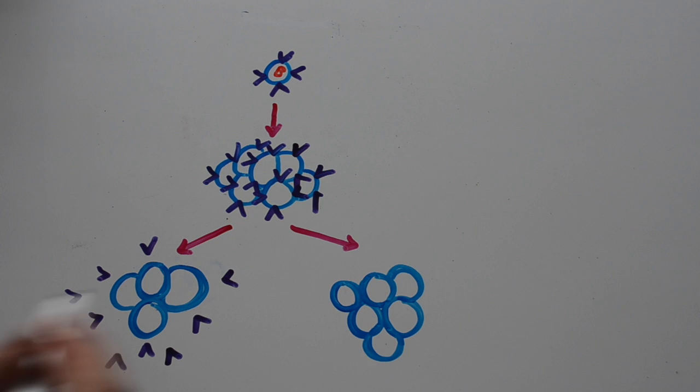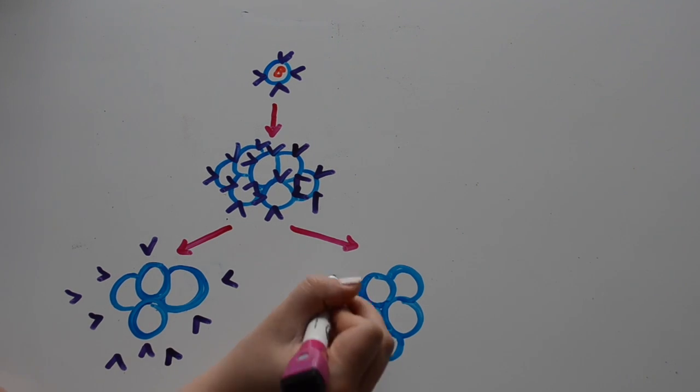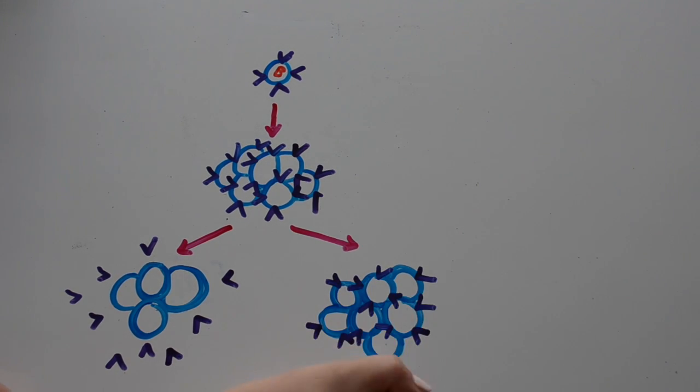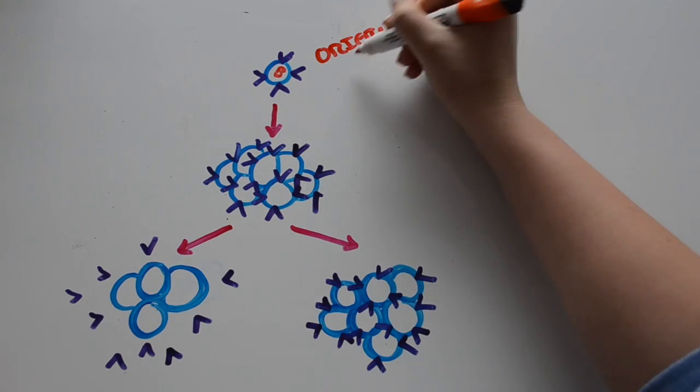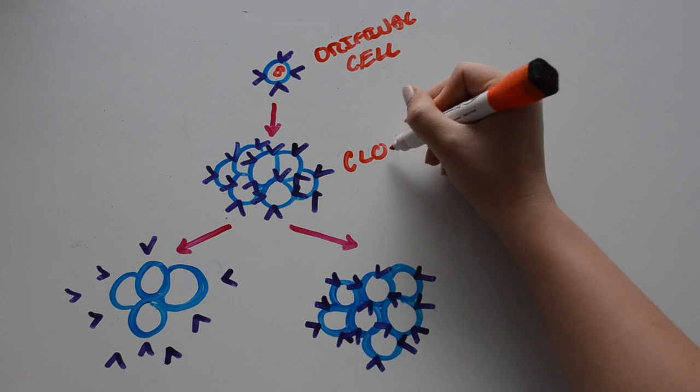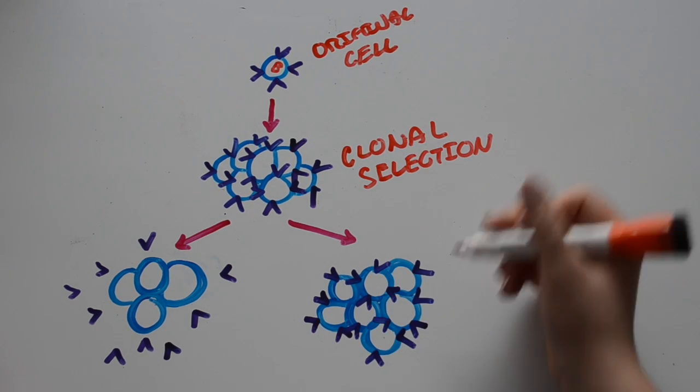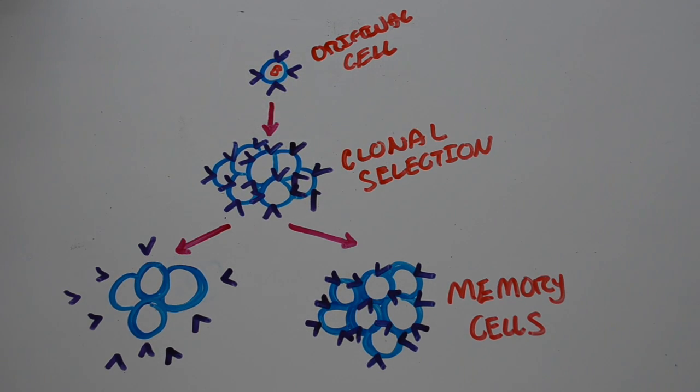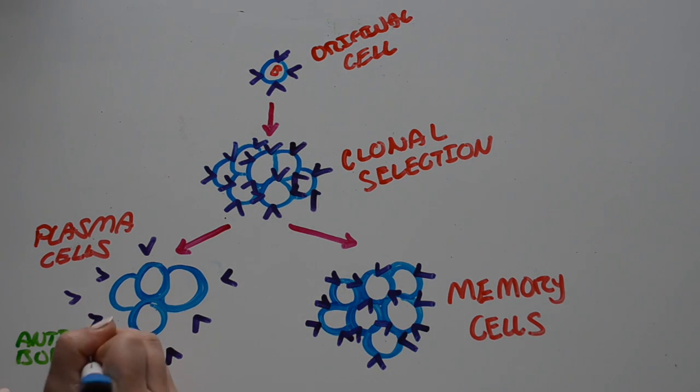One is the plasma cells, where the antigen receptors break off and become antibodies, which bring the antigens to the white blood cells, and the white blood cells destroy them. The other group is called memory cells. They're just stored away in your bone marrow for the next time you get sick and the pathogen enters your body.